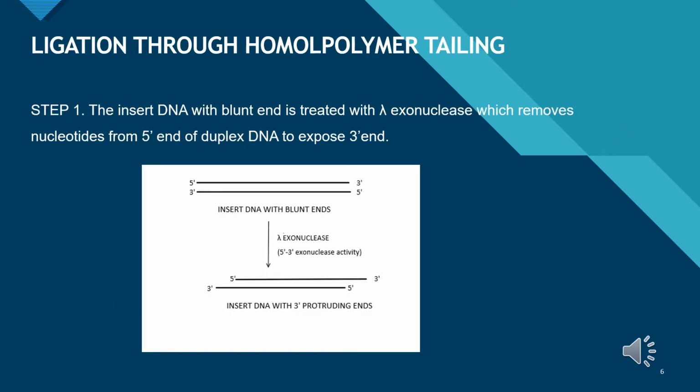Now, we ligate a blunt-ended insert DNA into a vector which has sticky ends. In step one, the blunt-ended insert DNA is given lambda exonuclease treatment so that 3' protruding ends can be generated on this insert DNA.